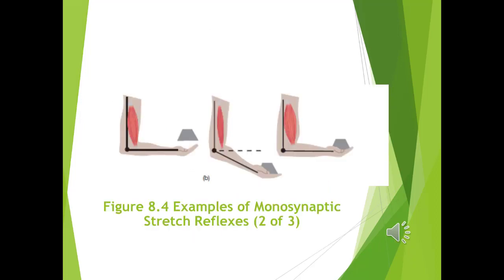In this second illustration of a monosynaptic stretch reflex, you can actually see how the muscle spindle, the red muscle fiber in the illustration, changes in shape based on the flexion or contraction of the forearm.